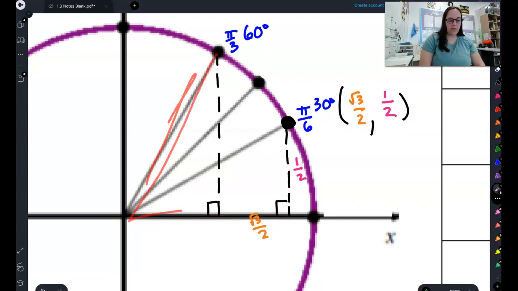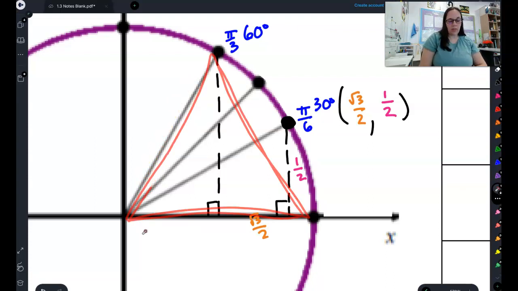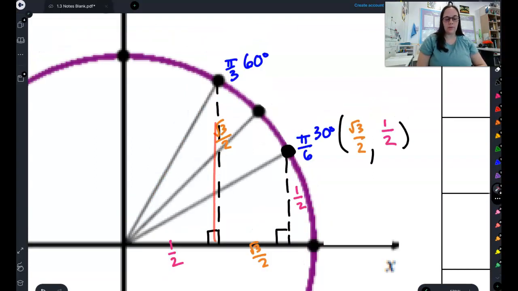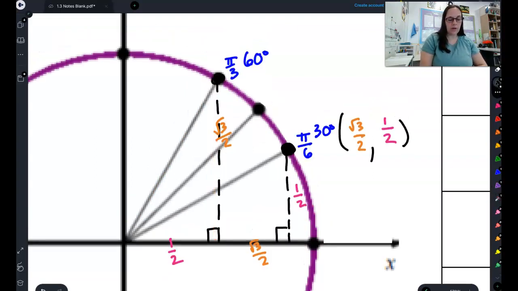So we have our equilateral triangle here, which means the short side is going to be 1/2, and the long side is going to be √3/2 because of that equilateral shape. So there's your short side 1/2, there's your long side √3/2, and now we can make our point.